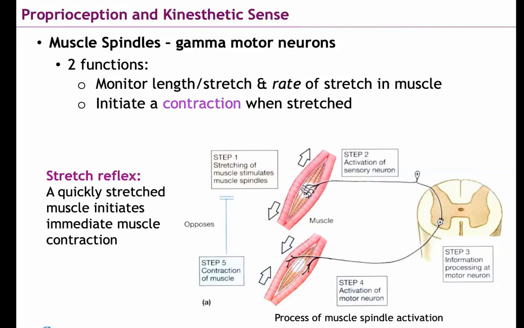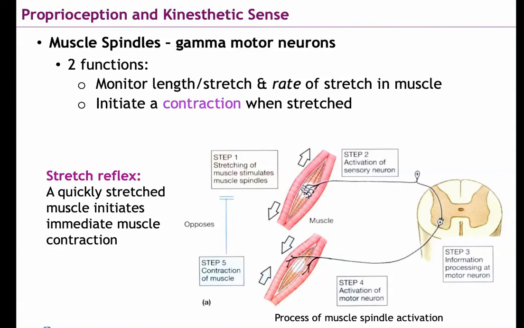If you're still standing up, I would have you touch your toes quickly. And when you touch your toes quickly, your muscle feels tighter faster. That's called the stretch reflex. The stretch reflex is when a muscle is quickly stretched, it initiates an immediate contraction. So the contraction is initiated immediately.